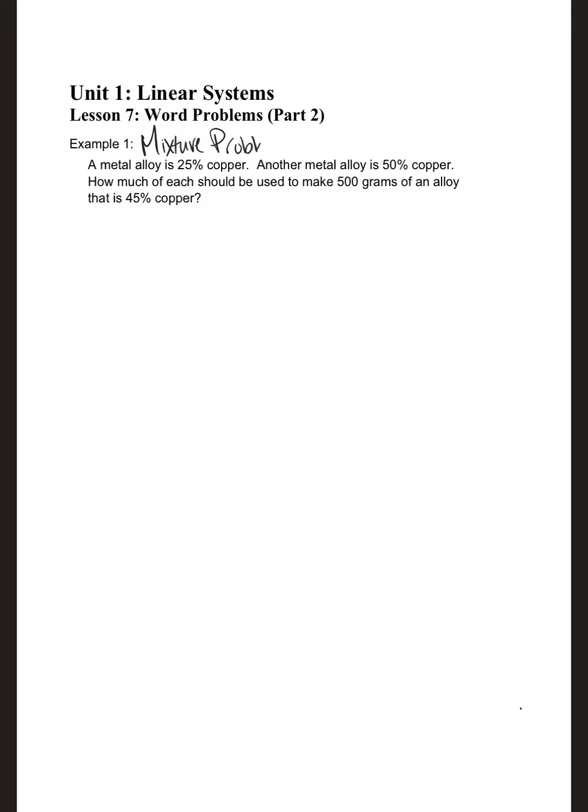So we should think that this is a mixture problem. And when we have those mixture problems, just like in the previous day, we're going to set up a table. Let's first identify our variables and then we'll set up our table. Let X represent the mass, in this case in grams, of the 25% copper metal alloy.